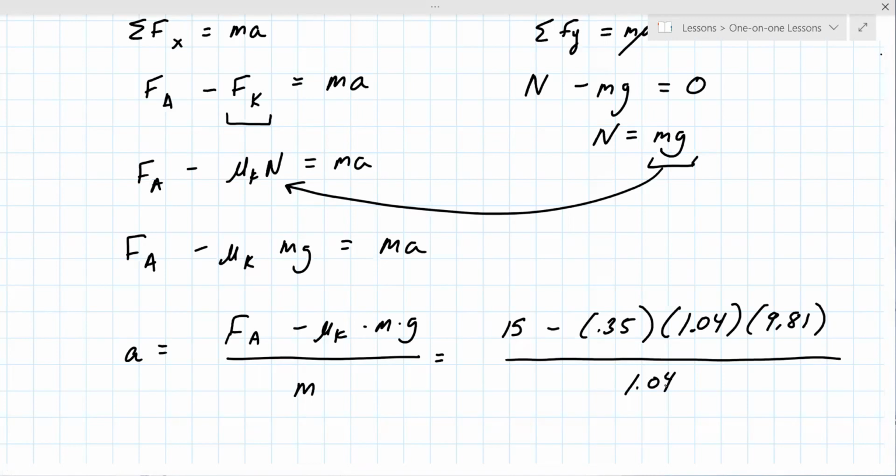That's it. So you have to get that value here. I could definitely calculate that as well. We'll do that right now. Let's see.